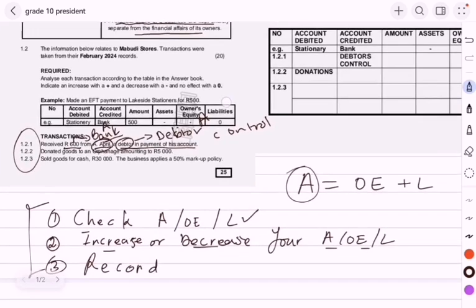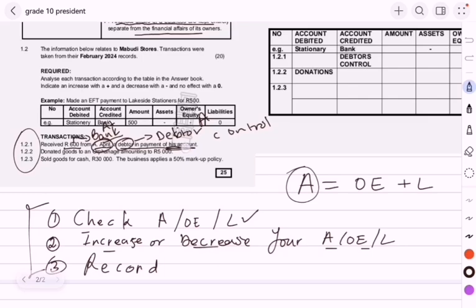Of course, it's going to increase. So via the cash pot, our money is increasing. But when it comes to debtor's control, this person is paying off his account. The money that he used to owe us, he won't owe us anymore. Hence, for debtor's control, it's going to be a beautiful minus.